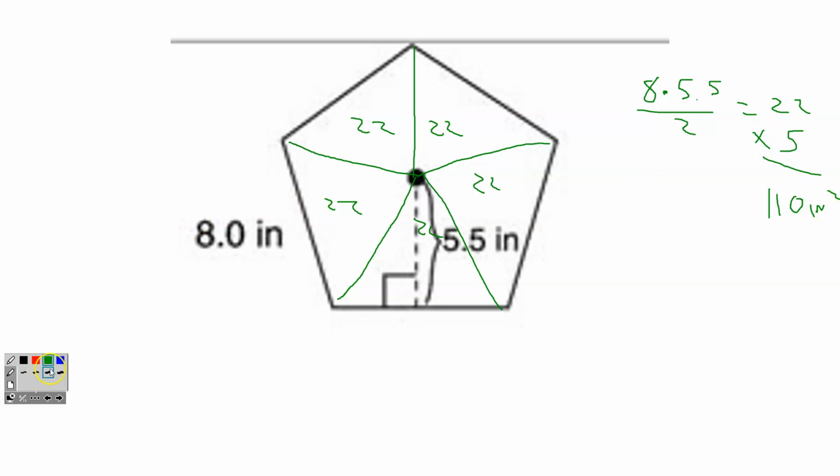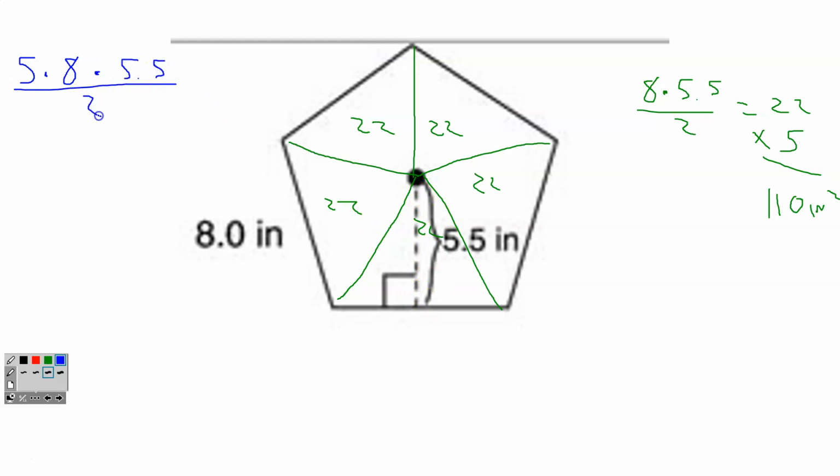The other way to do it is the way we taught you with volume, where you could do the number of sides, 1, 2, 3, 4, 5, times the side length, which is 8. So the side lengths are all 8. Times the apothem. The apothem is the distance from the center to this outside, which is 5.5.